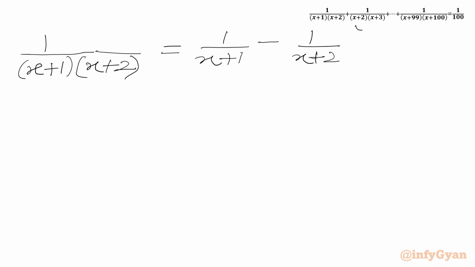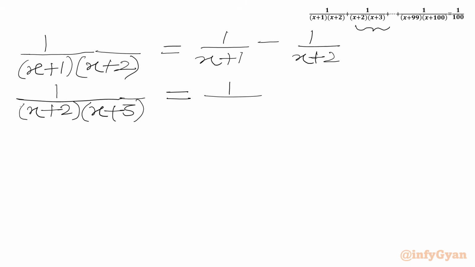Now we will write our second term 1 over x plus 2 times x plus 3. Using general term formula, we can write 1 over x plus 2 minus 1 over x plus 3.